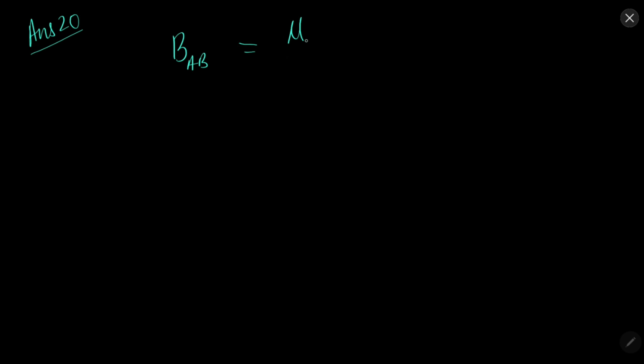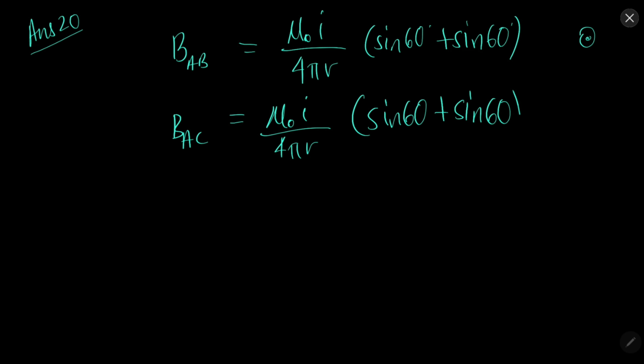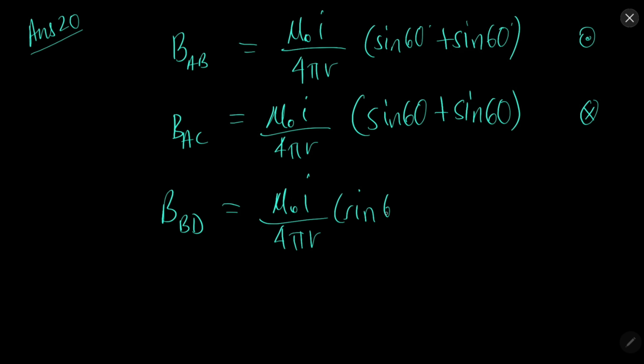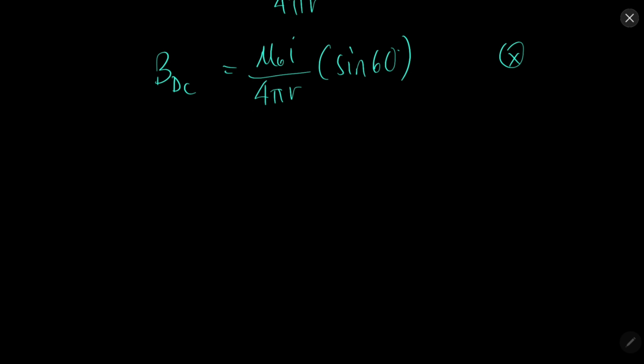B from AB will be outside, AC will be inside, BD will be outside, DC will be inside.